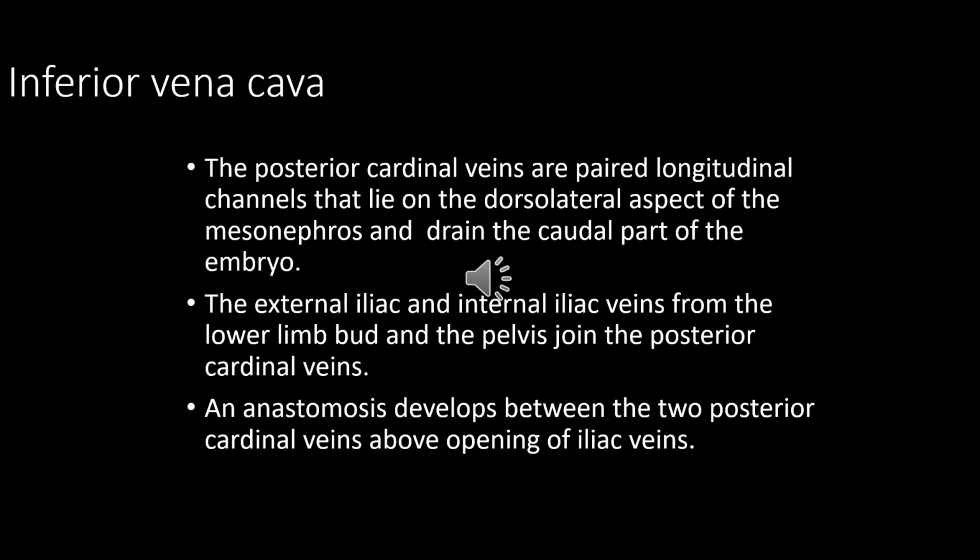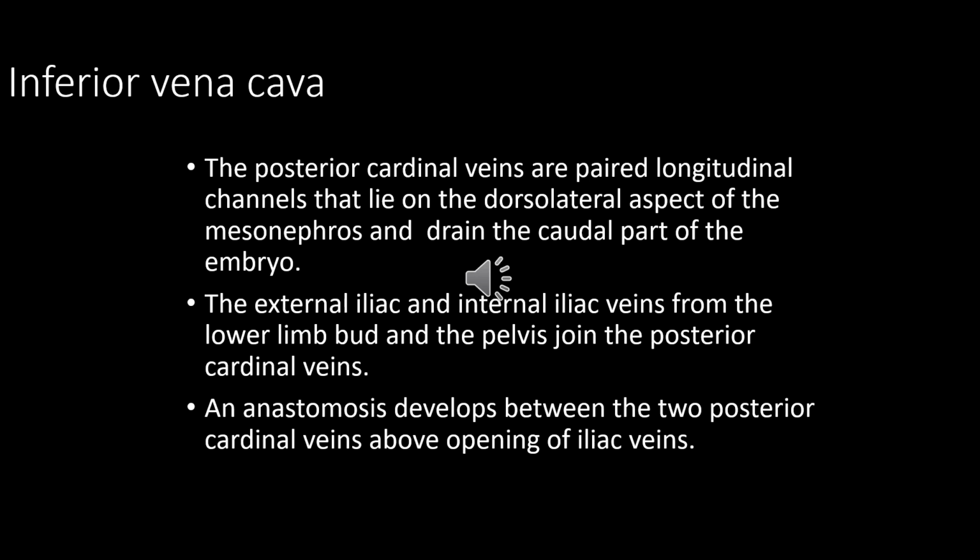The external and internal iliac veins, which are deriving blood from the pelvis and the lower limb, right and left, will be joining. So they are not from the posterior cardinal veins, mind you, and they will be joining the corresponding posterior cardinal veins. And as I told you, the veins on the left side have to come to the right side because of the natural selection.